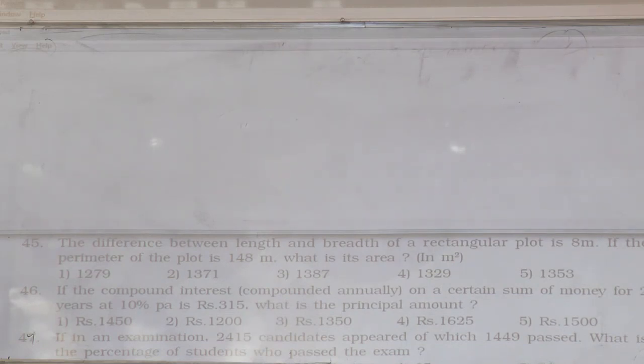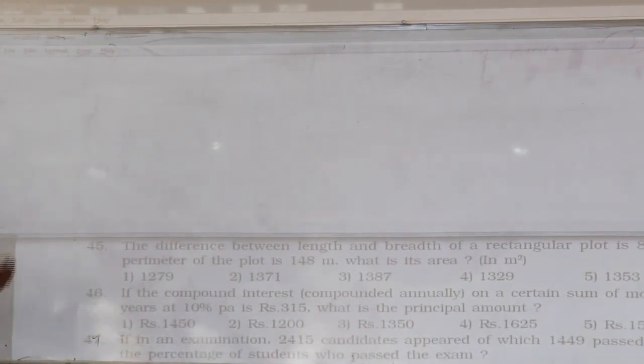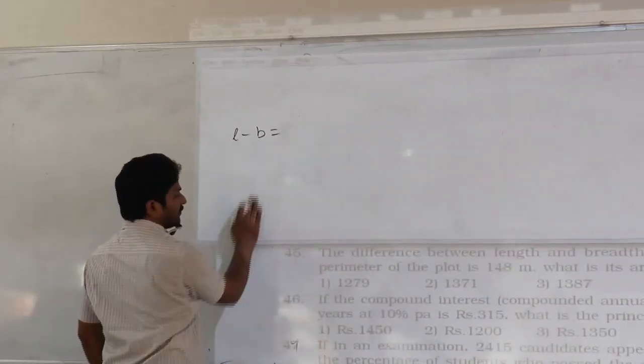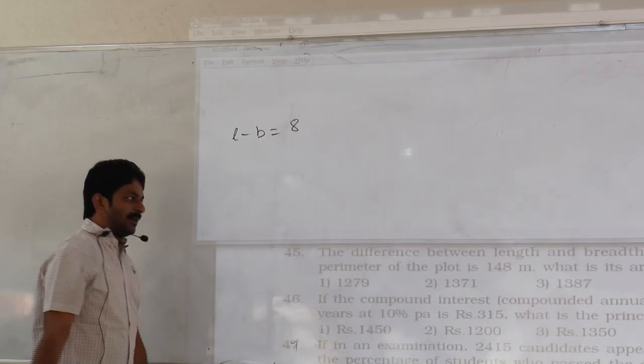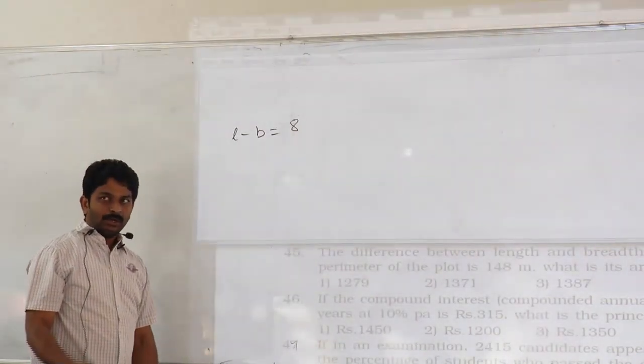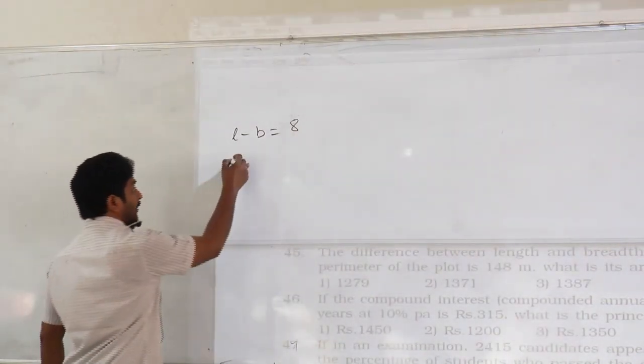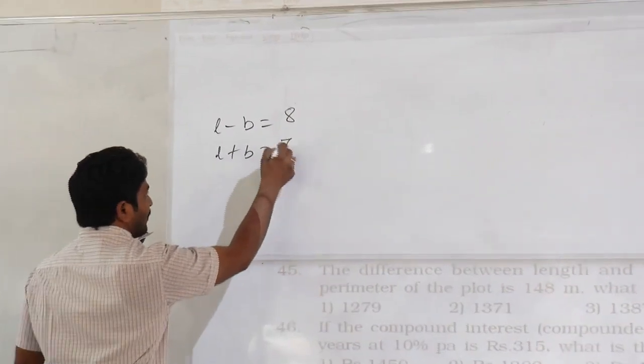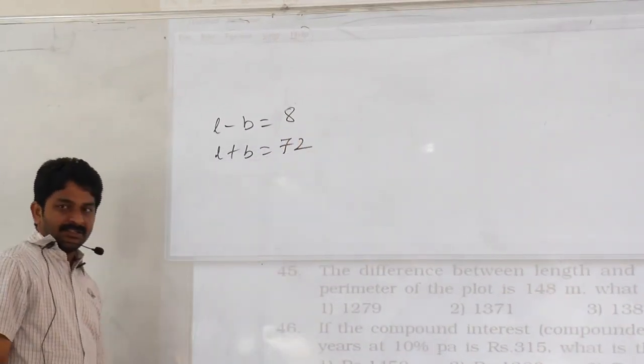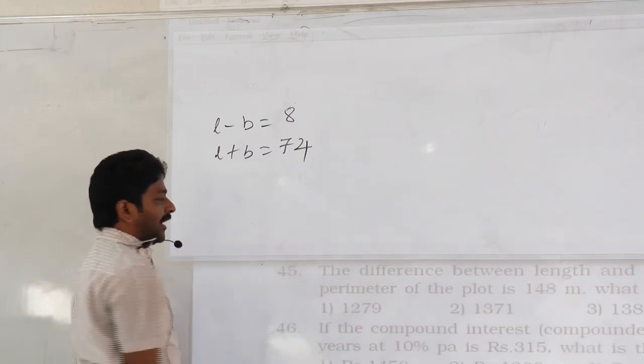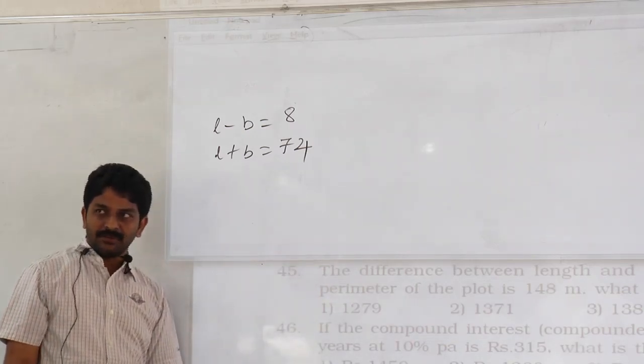You're asked about the area. You are given the difference between length and breadth. So, L minus B is 8 and the perimeter is 148. 2 into (L plus B) is 148, so L plus B is 148 divided by 2, which is 74.